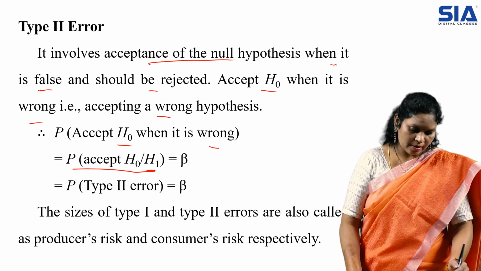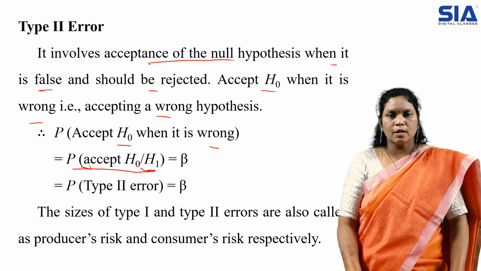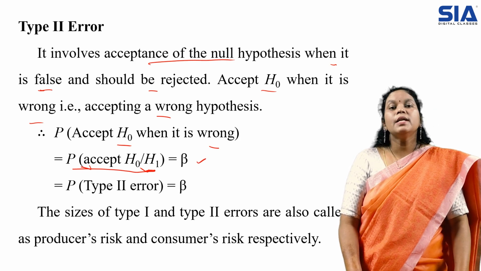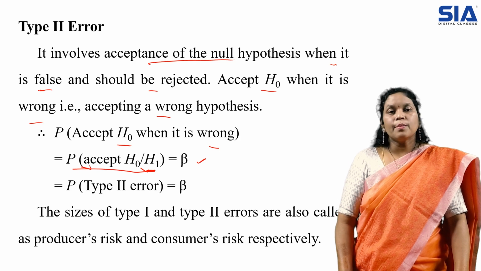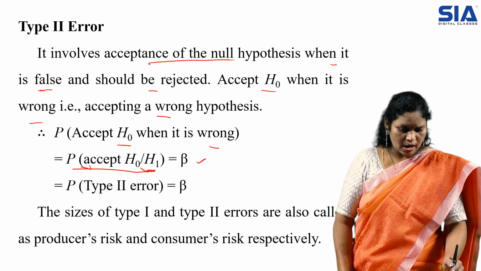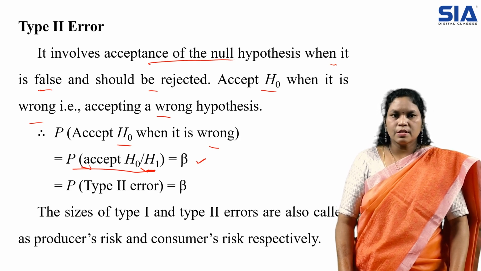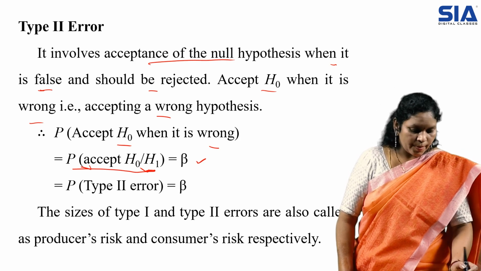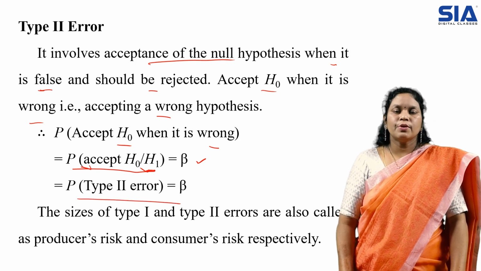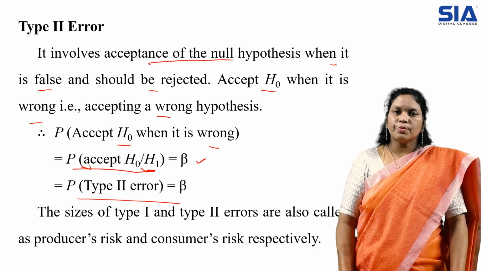But what I have done is accepted H naught when H1 is true. So this is how we represent that probability, which is equal to beta. Beta is the notation for type 2 error: alpha for type 1, beta for type 2. One more, probability of type 2 error is equal to beta. In this way we can write type 2 error.